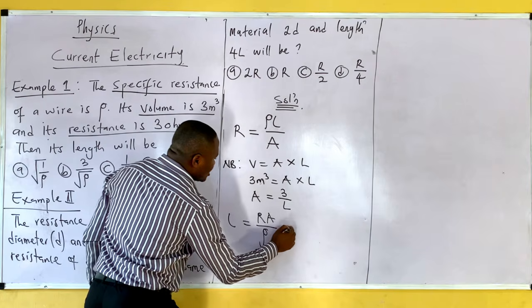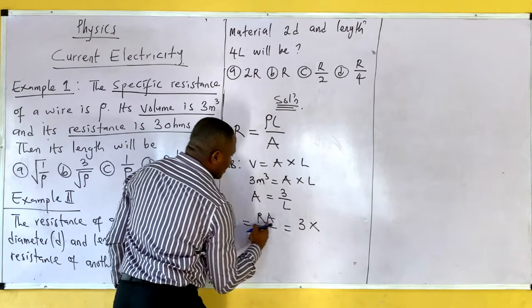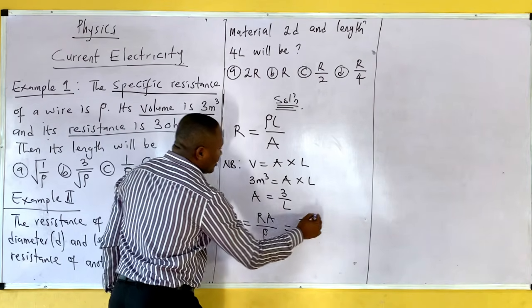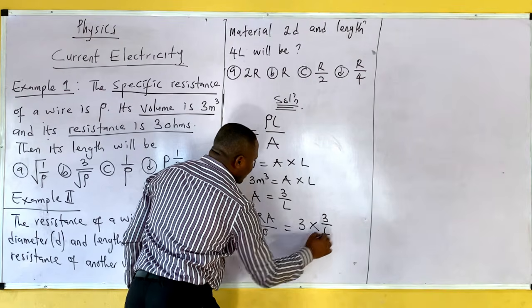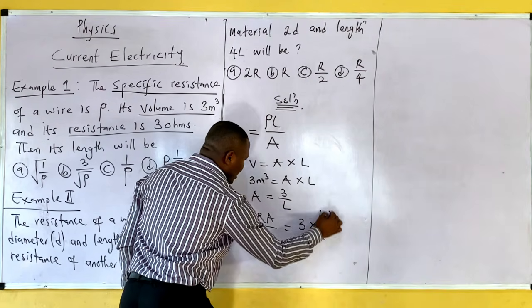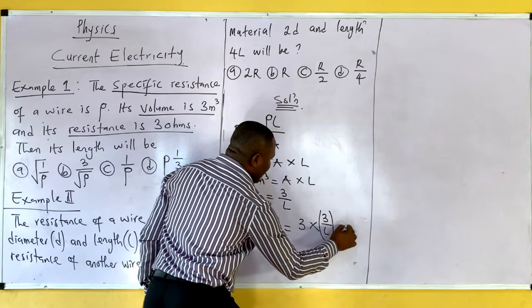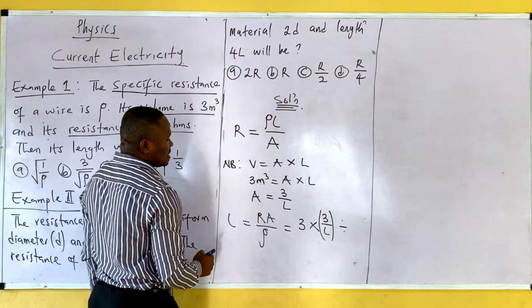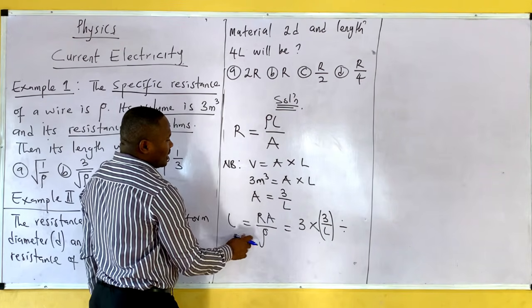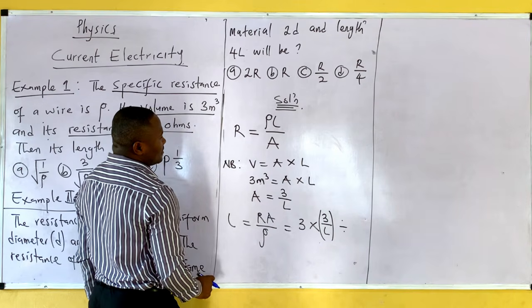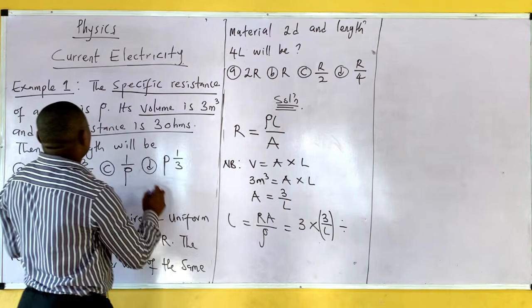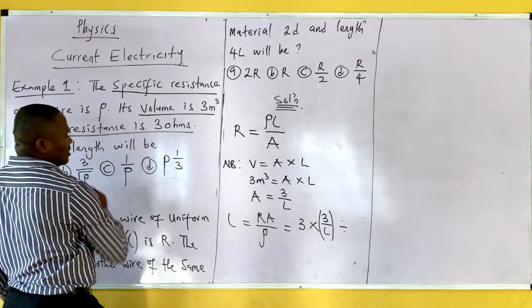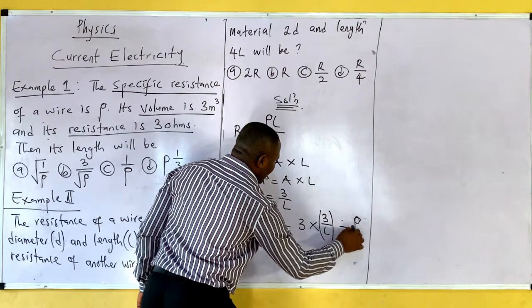So we'll now say it is equal to 3 times, what's our area? Our area is 3 over L. That's our area. Then I like to do it this way for simplicity. Divide by, what's our resistivity? Our resistivity is this. That's what we have.